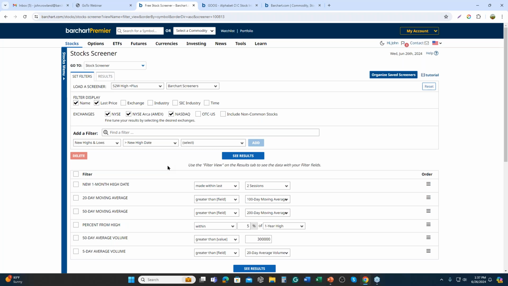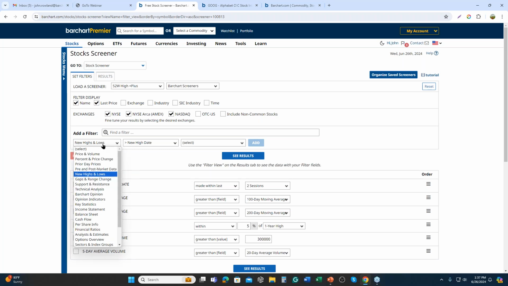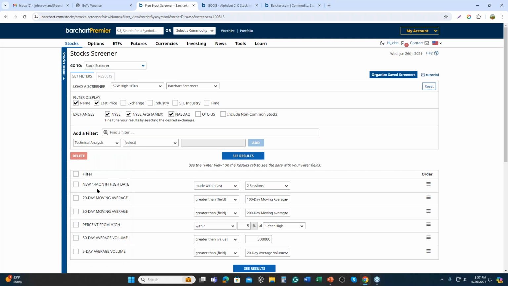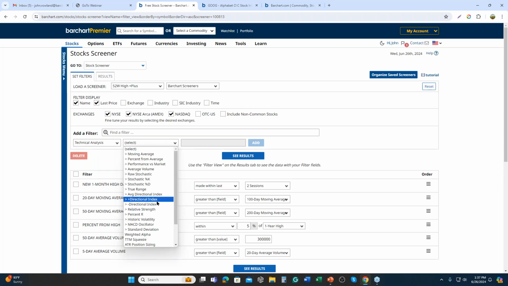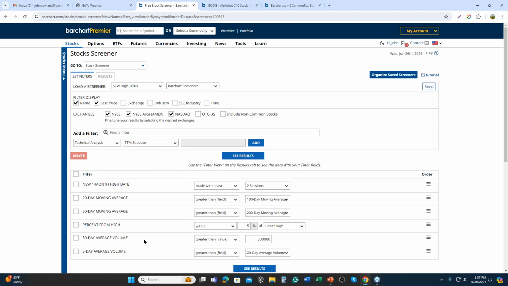So I'm going to go back into my set filters here, and I'm going to go under technical analysis. So how can I determine a stock that has paused and then is now breaking out of a particular range of price? So I'll go under technical analysis, and I'm going to select something called the TTM squeeze.